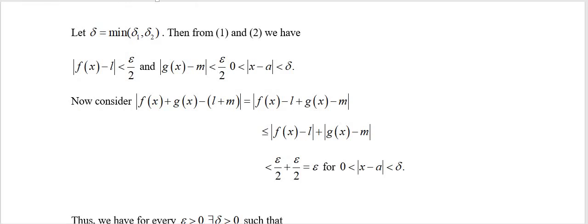Let delta equal the minimum of delta 1 and delta 2. That means if delta 1 equals 2 and delta 2 equals 3, then the minimum of these two is 2. That means delta equals 2. Now equation 1 and equation 2 I am going to rewrite.